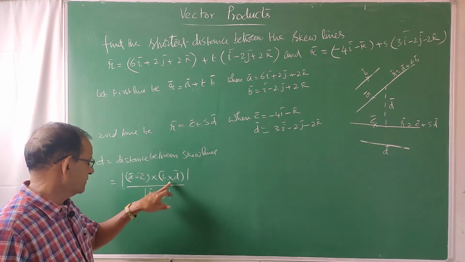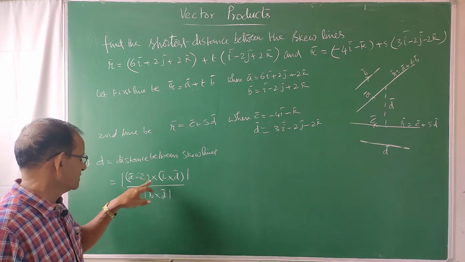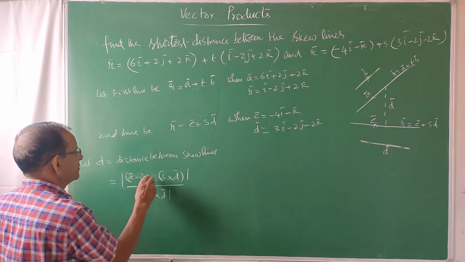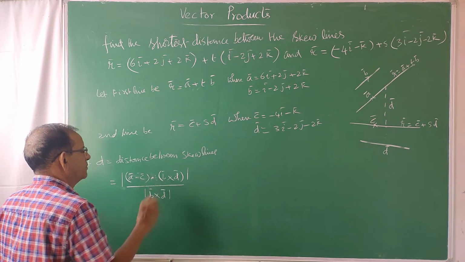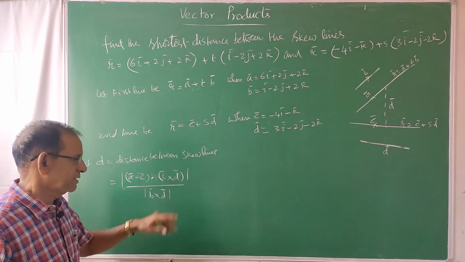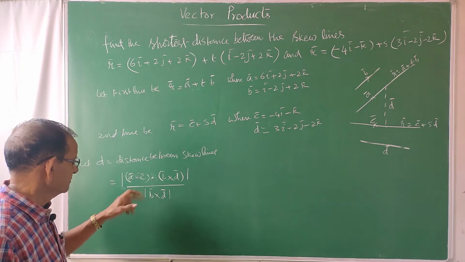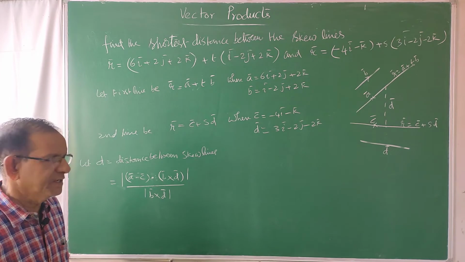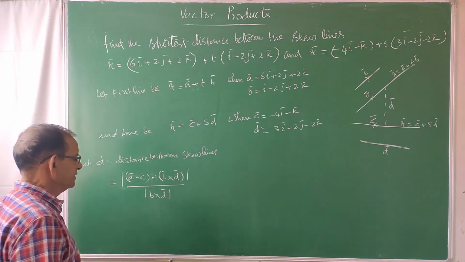You can write c bar minus a bar also, either one. For that purpose we have to find a bar minus c bar and b cross d. Then take the dot product of a bar minus c bar and b cross d, which is the scalar triple product. Now let us find a bar minus c bar first.